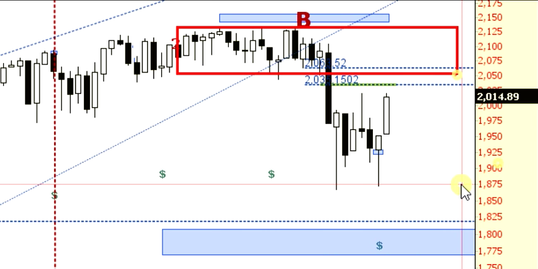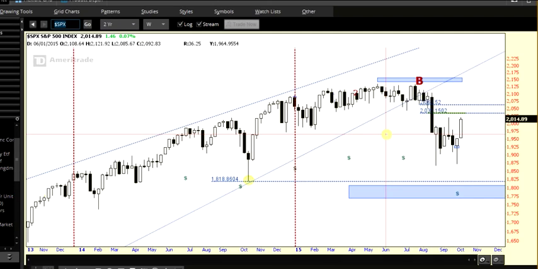I mean, certainly it's not going to just rocket right through this. If it did even get this high, it would probably get here and bounce down and then bounce up again. It's going to take some time to chew through this resistance if it is moving up above this. I don't think it is, but if it is, it's certainly not going to happen this week or next week or whatever. So let me show you a couple of charts.